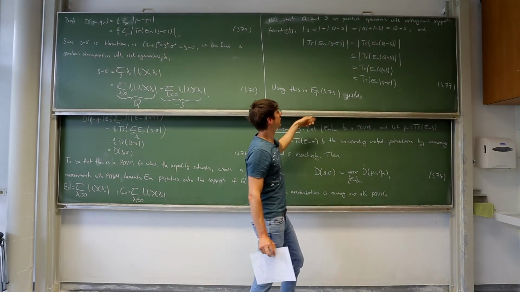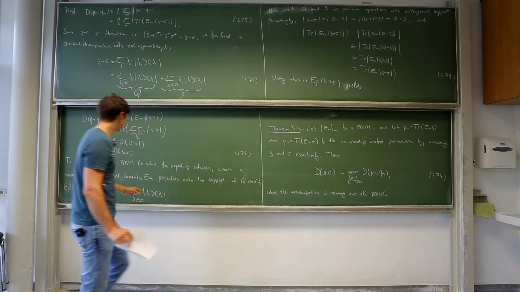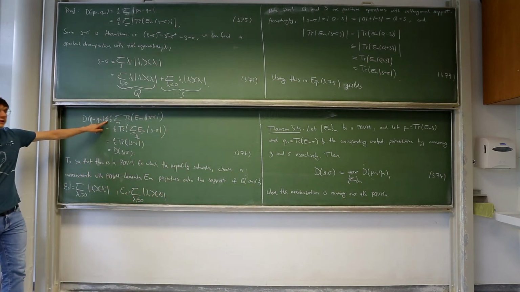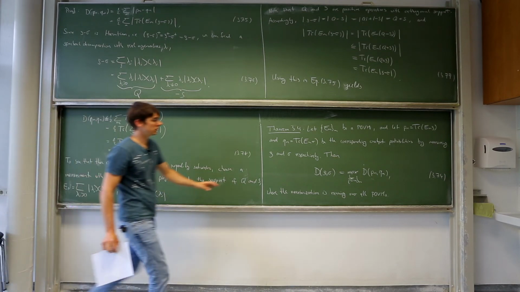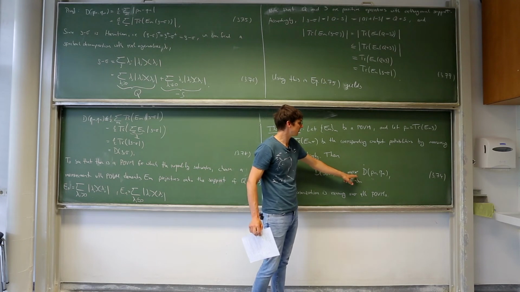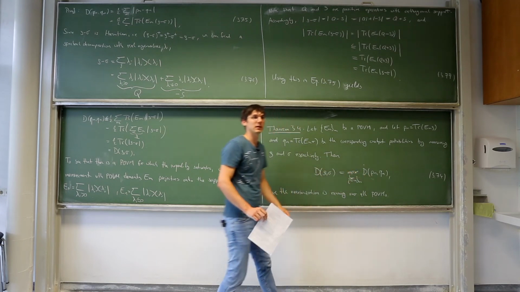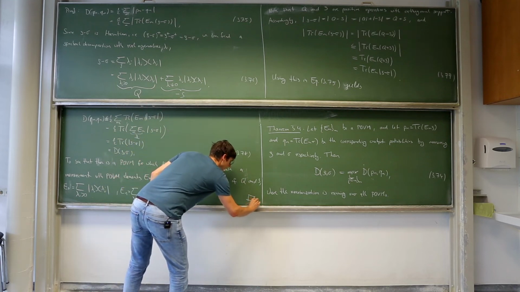And this is the only inequality that we encountered in this proof, and this means that if you choose it like this, then this gets an equality. And with this, we finished the proof that the quantum trace distance is given by the maximization of these classical trace distances. So this finishes our proof.